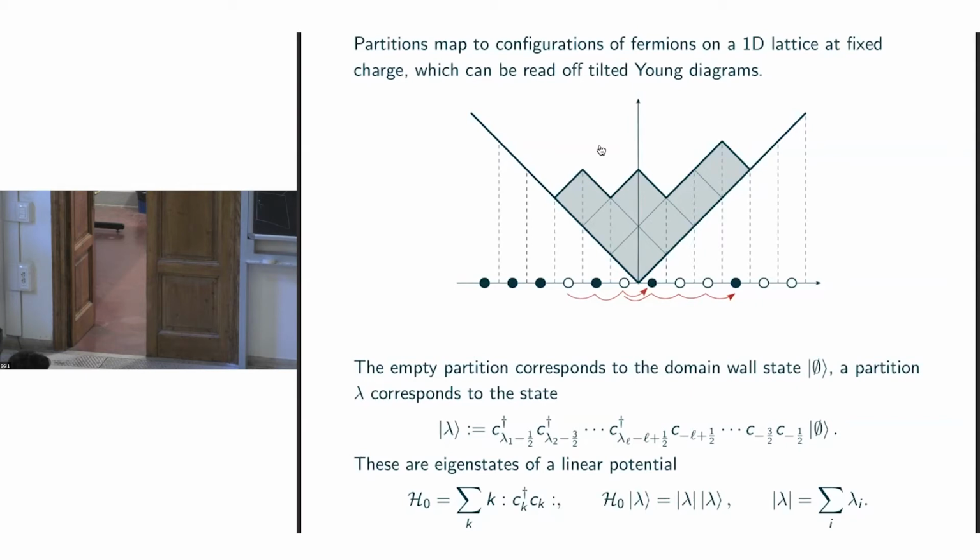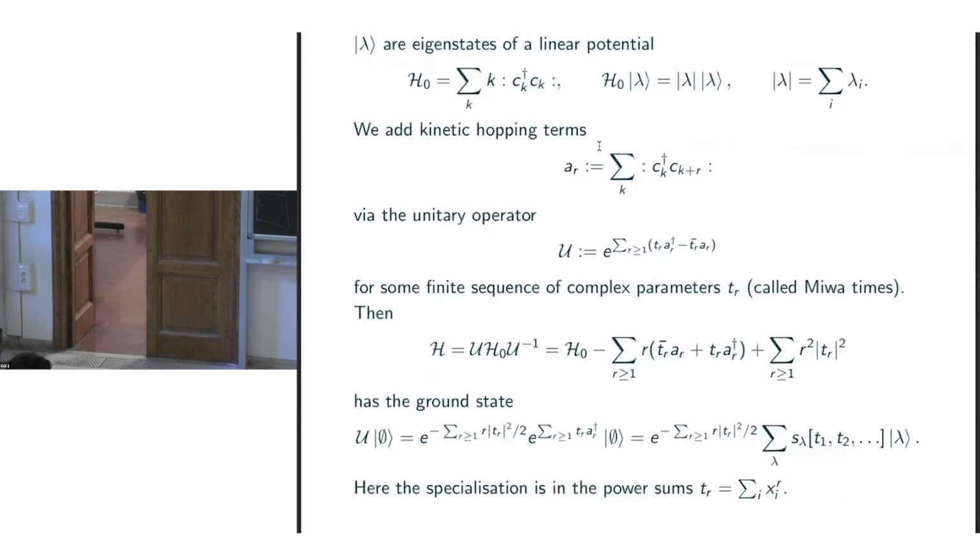So perhaps not the most physical setup, but with this kind of Hamiltonian, if we have an infinite number of particles in the state, we can consider its eigenstates. And continuing this kind of second quantization route, we can then generalize this linear potential a bit by adding kinetic coupling terms. So something that creates nearest neighbor and then next nearest neighbor and further interactions. So for the R, it's between the Rth nearest neighbors.